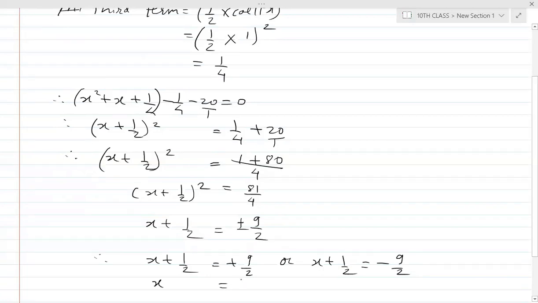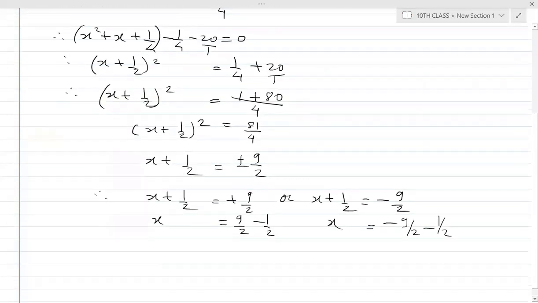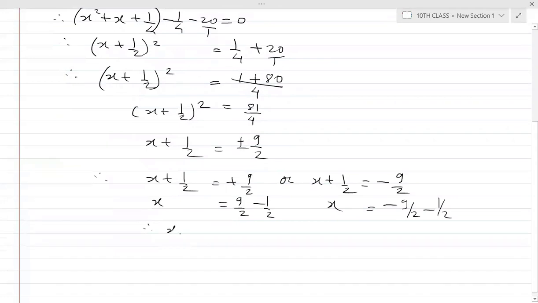Plus 1 by 2 on the right side becomes minus 1 by 2. Therefore x equals, denominator same, 9 minus 1, it becomes 8. 2 4s are 8.